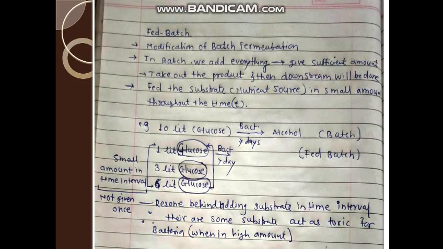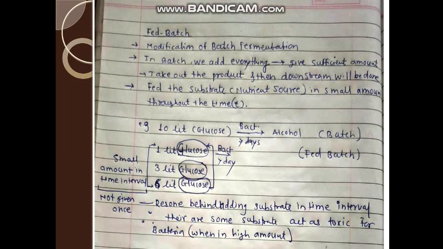In batch we add everything, as already discussed. We give sufficient time, then we get the product and go for downstream processing. In fed batch, we add the substrate in small amounts at different time intervals, and we get a product. We'll take one example of glucose. Suppose we have 10 liters of carbohydrate, say glucose, and we add the organism, and we keep this fermentation for 7 days and get a product, for example alcohol.